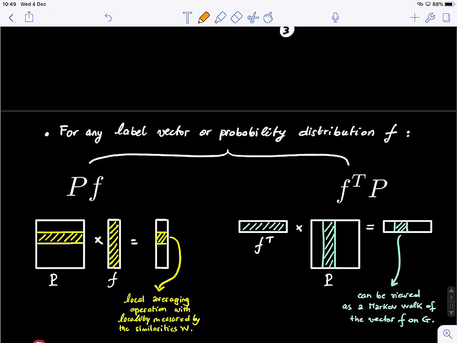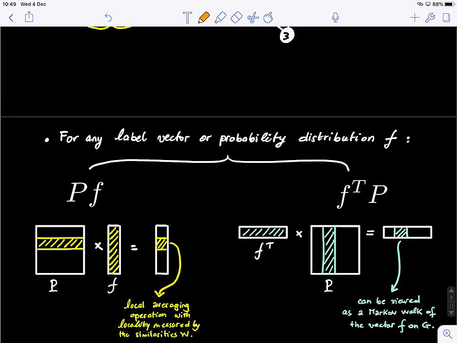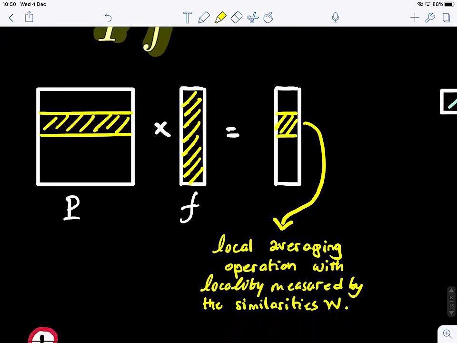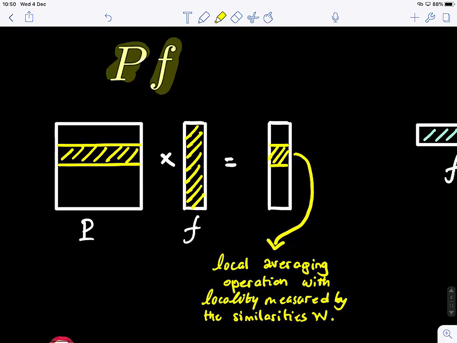Now, we will learn about 2 different basic diffusion operations. The first one is, given a kernel P, if we multiply it by a vector F, so for any labeled vector or probability distribution F on the graph, we can do this multiplication, P times F. So what is happening here?